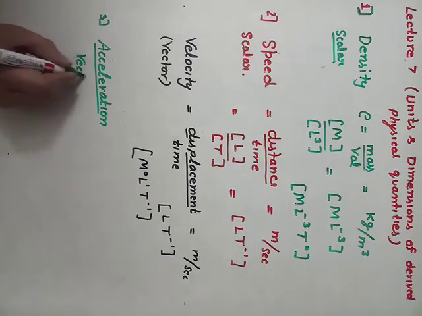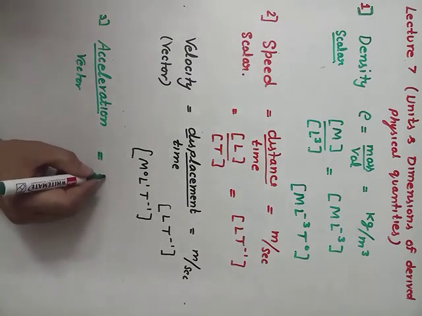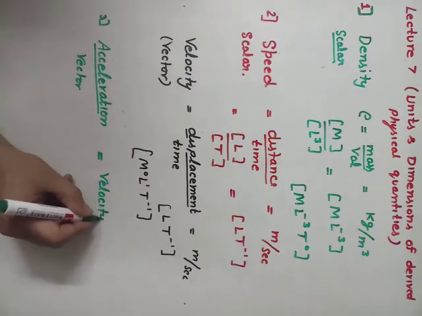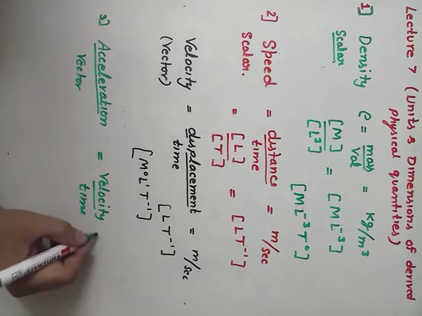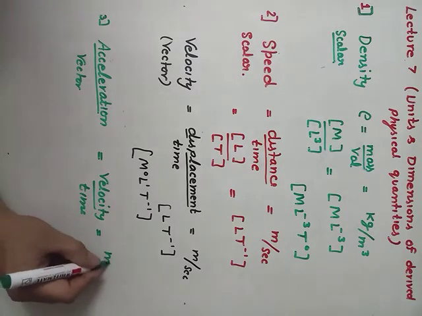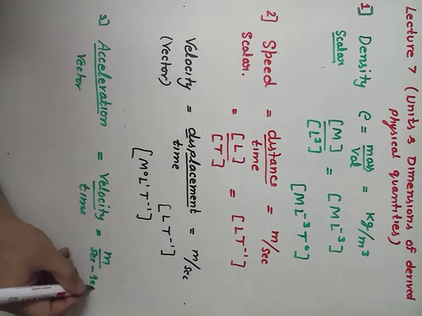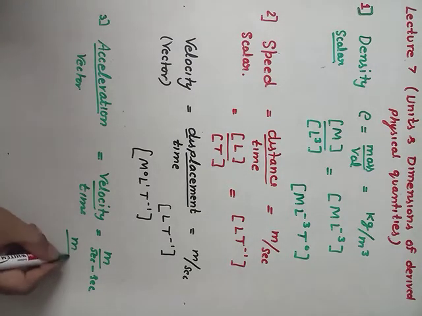It is also a vector quantity. It is defined as rate of change of velocity, that is velocity upon time. Unit of velocity is meter per second, and that of time is also second. Therefore, we can write its unit as meter per second square.